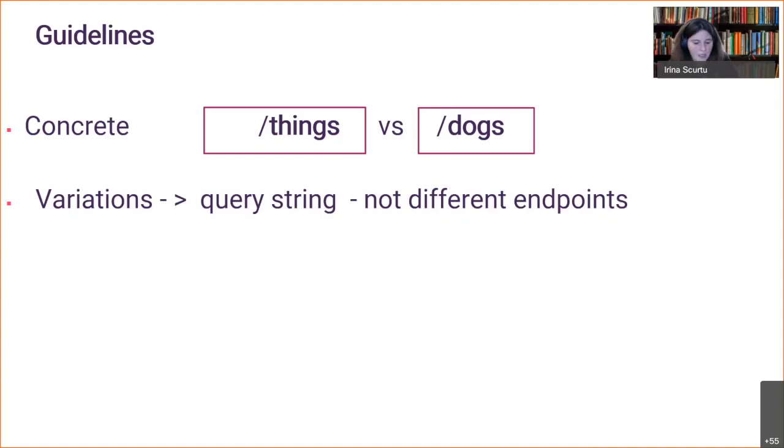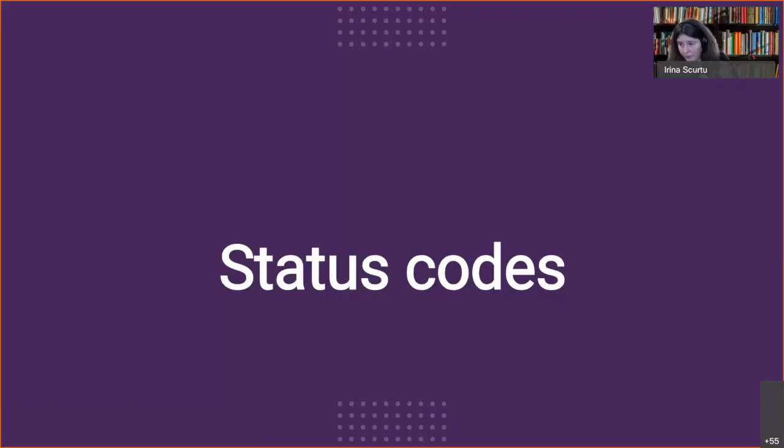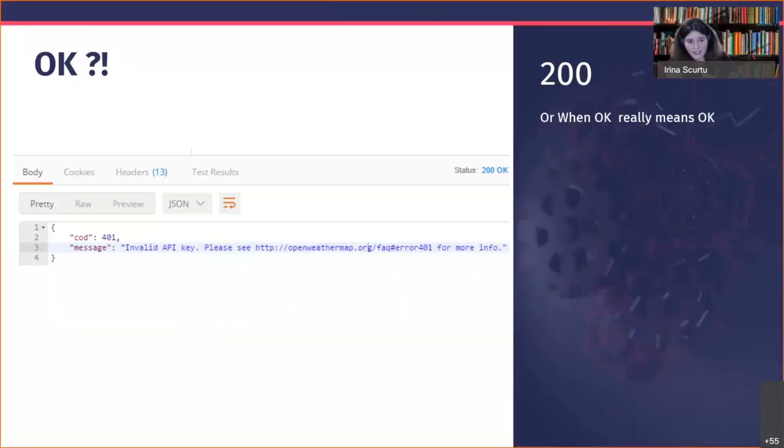So if we are to talk about status codes, I want to give an example about what the status code should mean. For example, if you look on the left-hand side, you have a response. It's a Postman snip. And the status for this is 200 OK. But when you send it with 200 OK, the client should expect the actual response. But look at the body of the response.